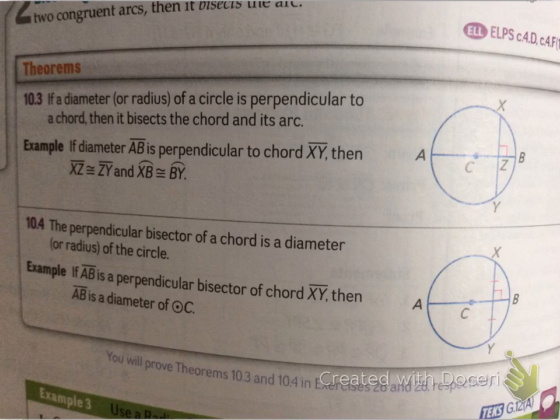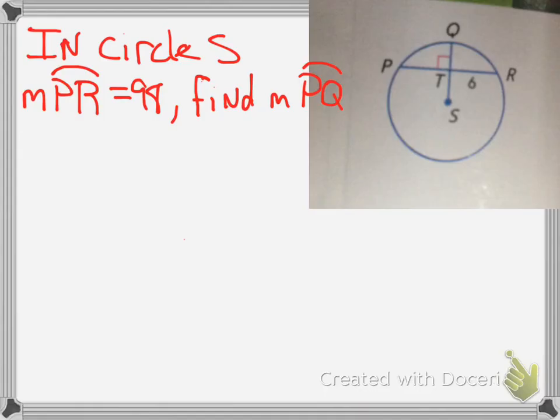Example. In circle S, the measurement of arc PR is equal to 98. So find the measurement of arc PQ. Based on that theorem, we have a perpendicular bisector, so since it's perpendicular, it is going to bisect.